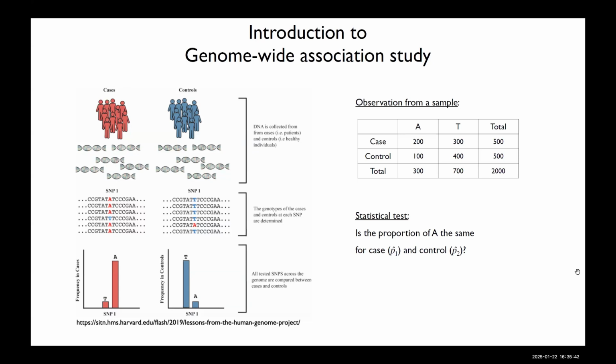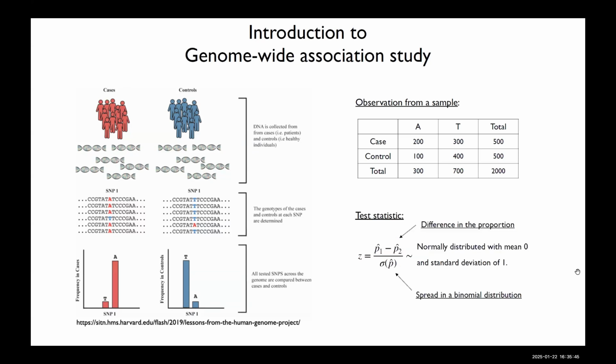And to determine this, we'll construct a test statistic, which represents the chance distribution that reflects how likely these two proportions came from the same underlying distribution. And this test statistic's numerator represents the estimated difference in the proportion of A in case and control.